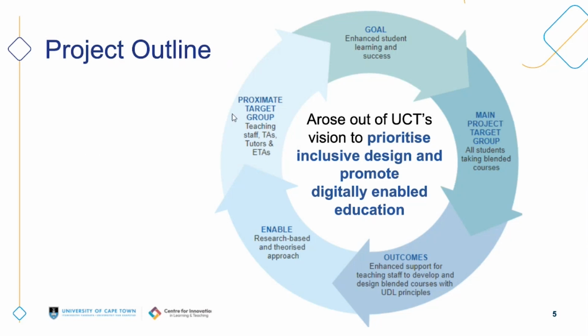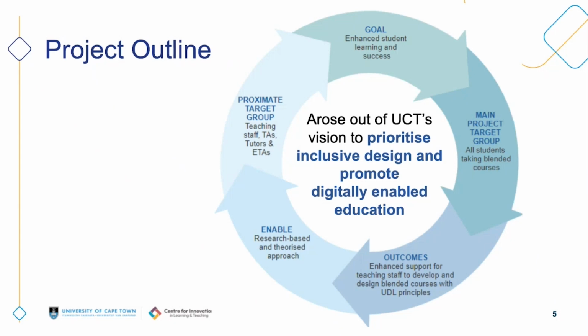It arose out of UCT's vision to prioritize inclusive design and promote digitally enabled education. And that's something that's been coming up stronger and stronger at UCT, inclusive design and digitally enabled education. And this Enable framework speaks very closely to that.